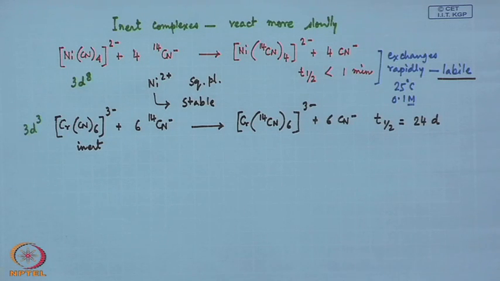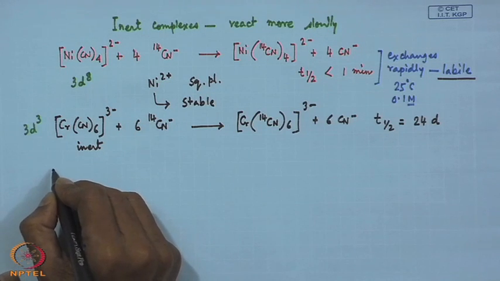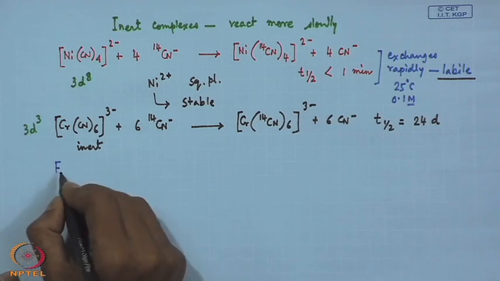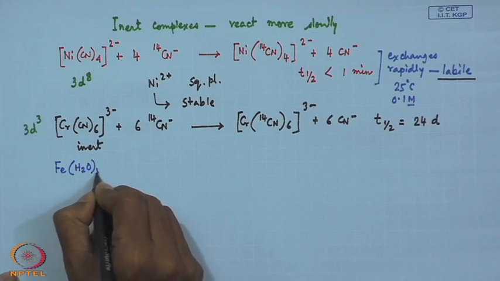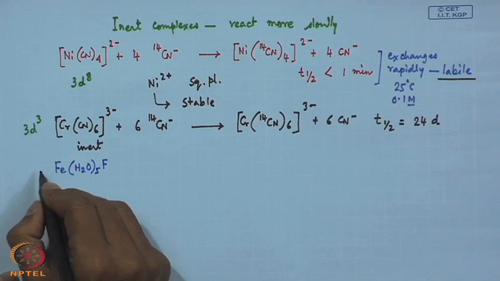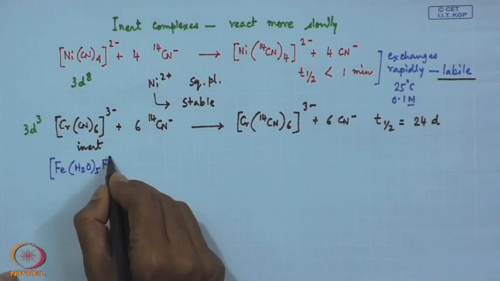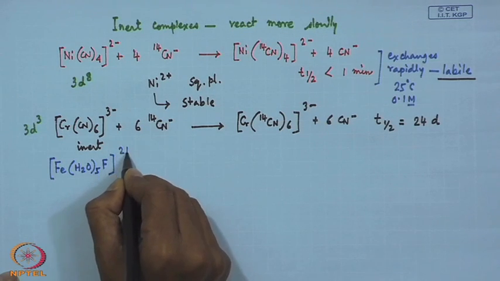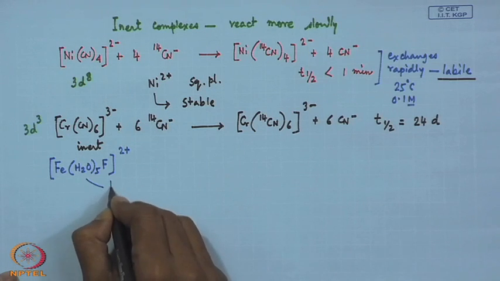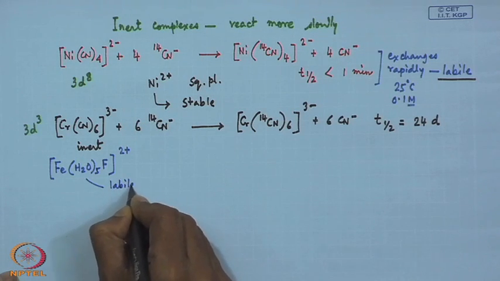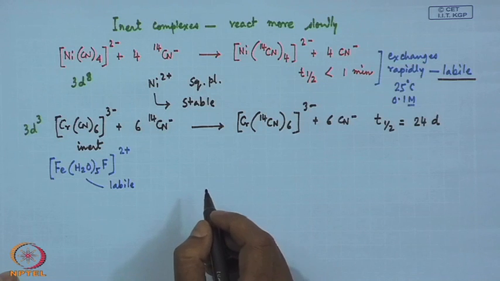Similarly, another example we can have, as we have seen just now, is this thiocyanate iron compound, which is a labile compound because it exchanges quite rapidly.